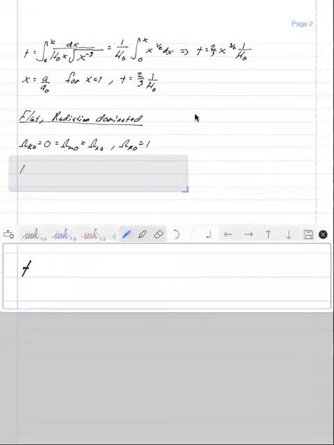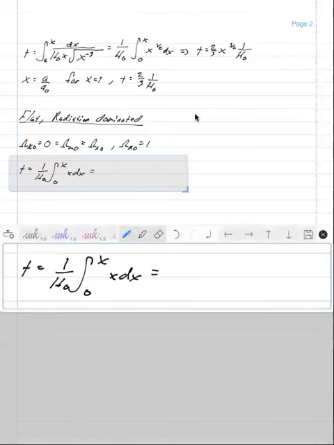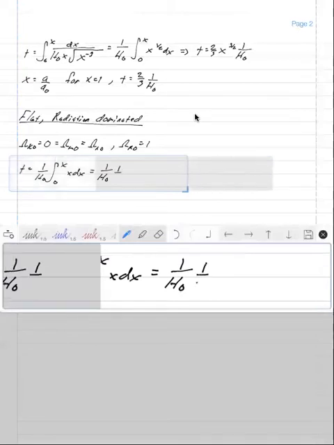This time t is equal to 1 over h naught, integrating from 0 to x of x dx, which is equal to 1 over h naught times 1/2 x squared.